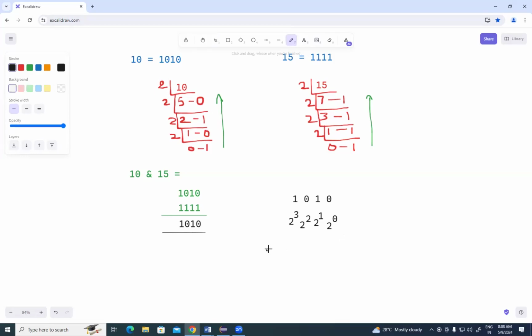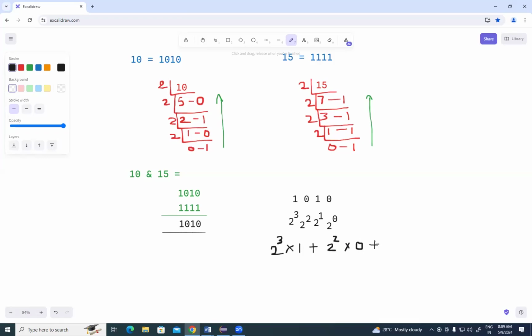Folks, 2 power 3 into 1 plus 2 power 2 into 0. Folks, am I right?